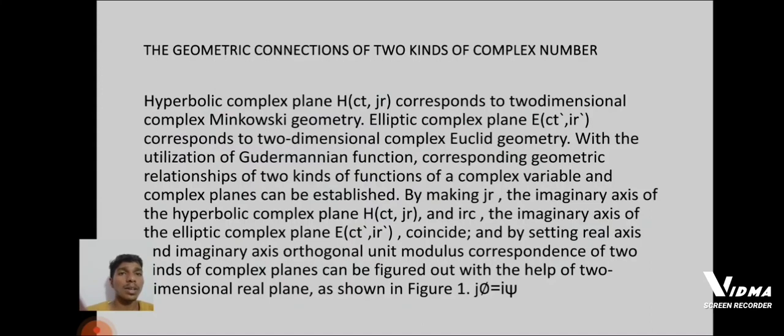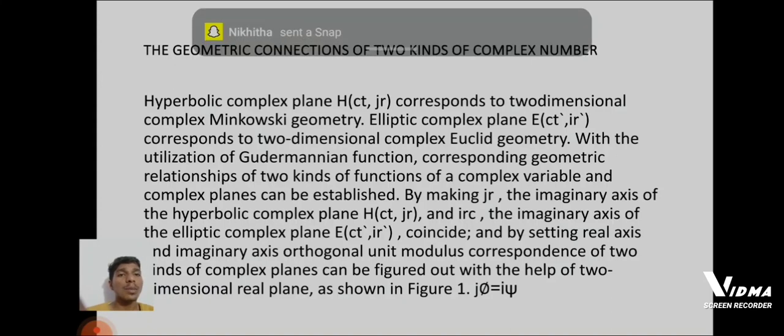The second topic is the geometric connections of two kinds of complex numbers. The hyperbolic complex plane H(ct, jr) corresponds to two-dimensional complex Minkowski geometry. The elliptic complex plane E(ct dash, ir dash) corresponds to two-dimensional complex Euclid geometry with the utilization of the Jordan-Mason function.